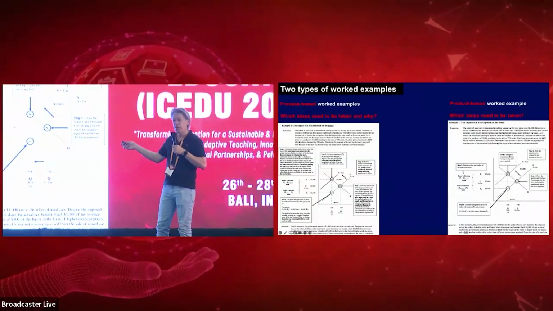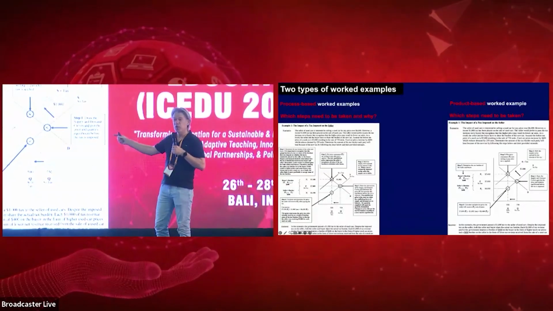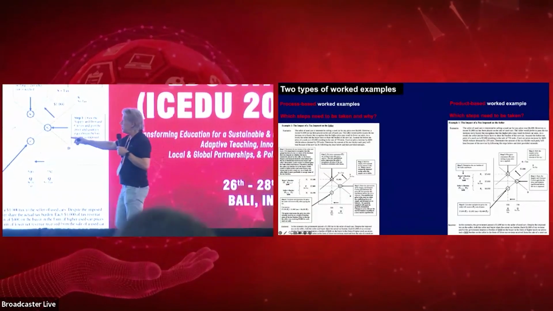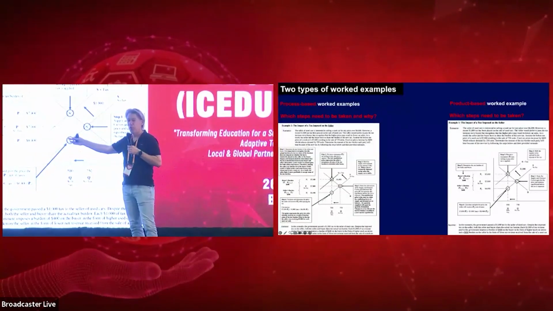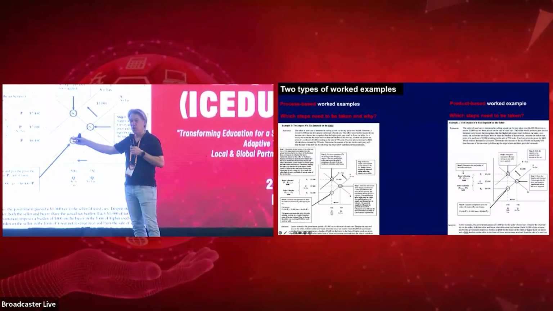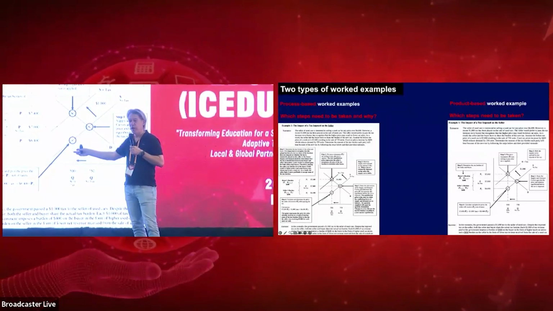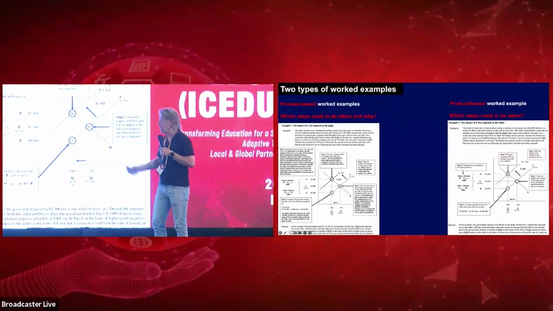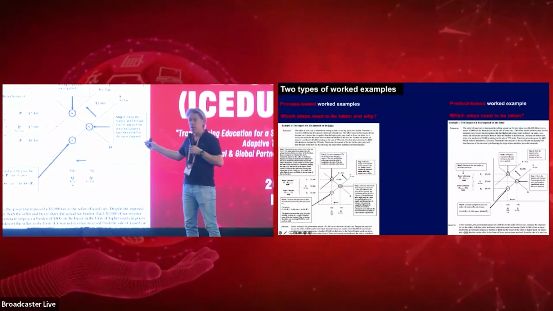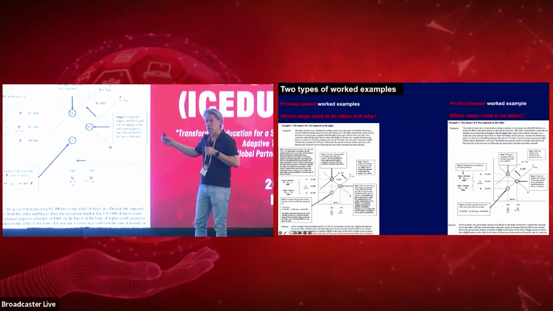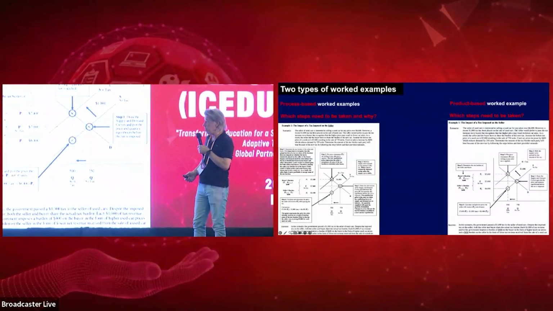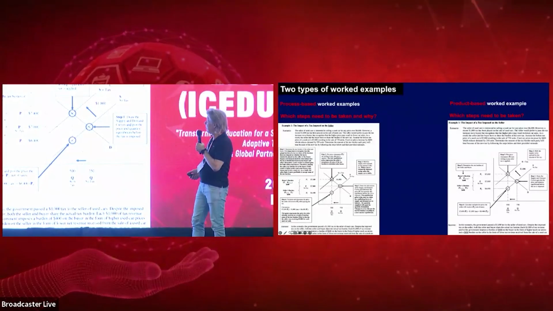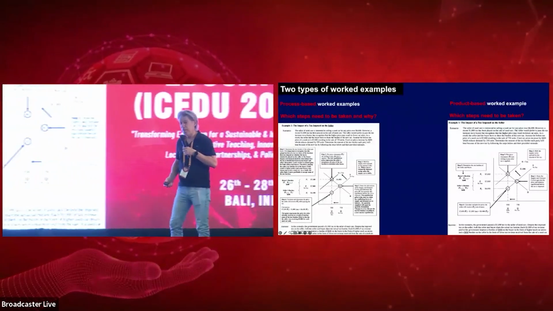Here you can see two examples that are quite complex, but what you see is that in a process-based worked example, the steps to solve a problem are shown, and also it is explained why the steps are taken. In the product-based example, only the steps are shown. So this is an example of learning materials in physics.